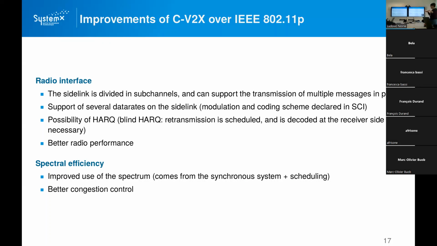And overall, you get a better performance of the radio access technology. So you improve with respect to 802.11p. And the good point is that your spectral efficiency improves. So you use the spectrum better because you don't have this problem with collisions that, in case of congestion, kill you.